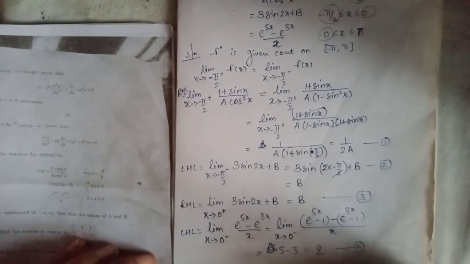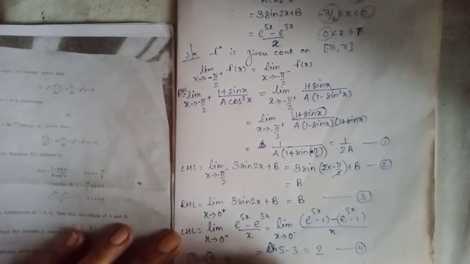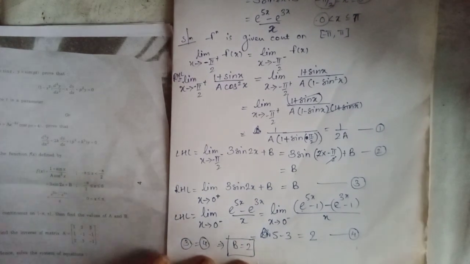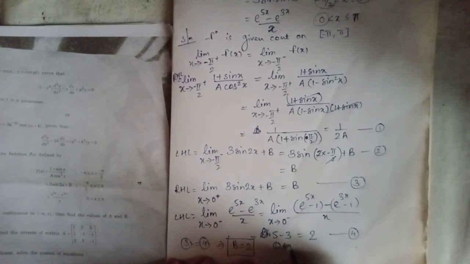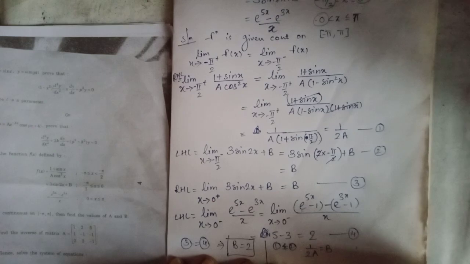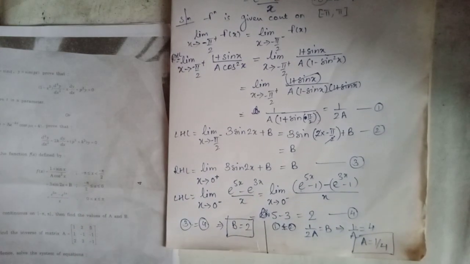By equating third and fourth, because they are continuous, b is equal to 2, and by equating 1 and 2, 1 upon 2a equal to b which is 2, so 1 upon a is 2 into 2, 4, so a is 1 by 4. Okay, these are the values.